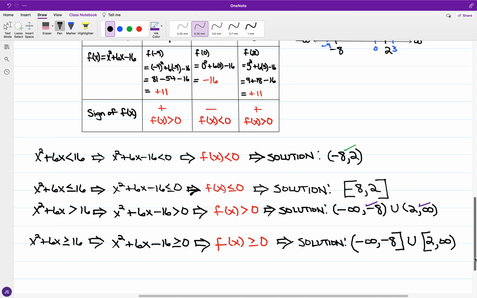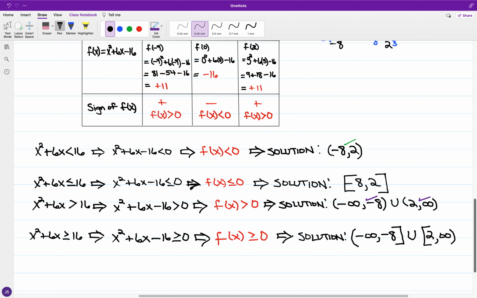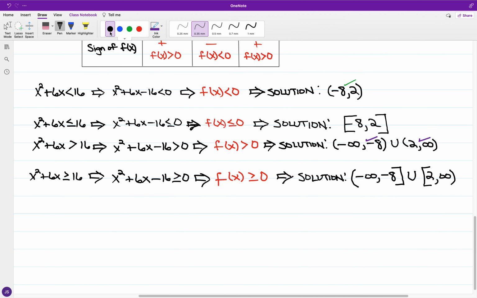Now, for the next few moments, looking at solving for one particular inequality.